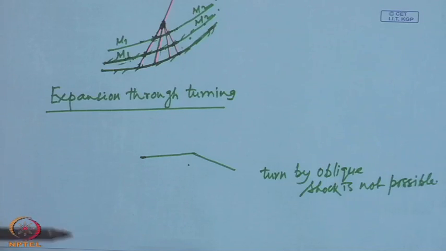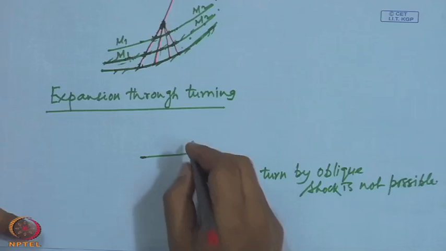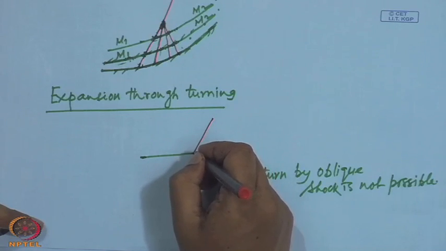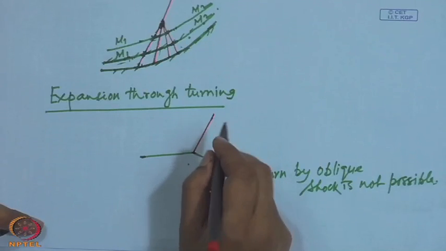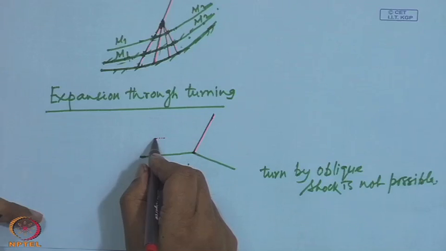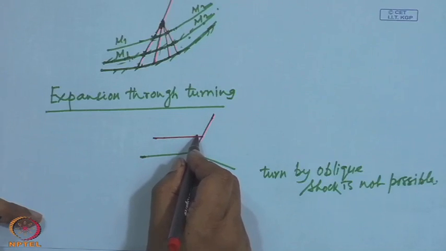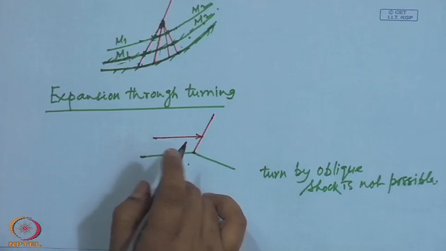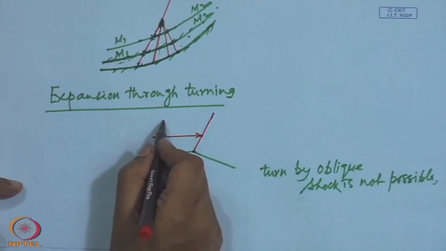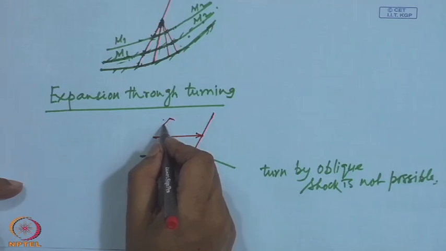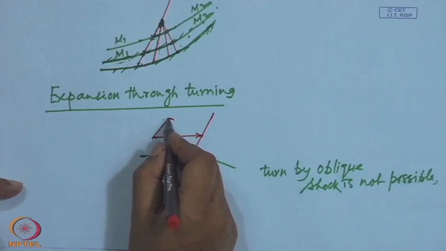That we can see that if we had a shock here, let us say if we had a shock here, then W1, and once again we could have resolved these in terms of components.